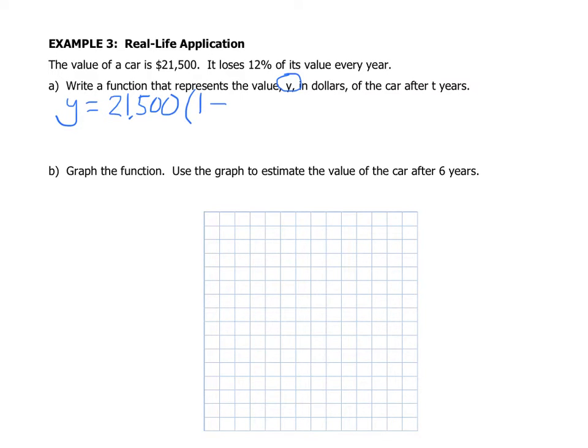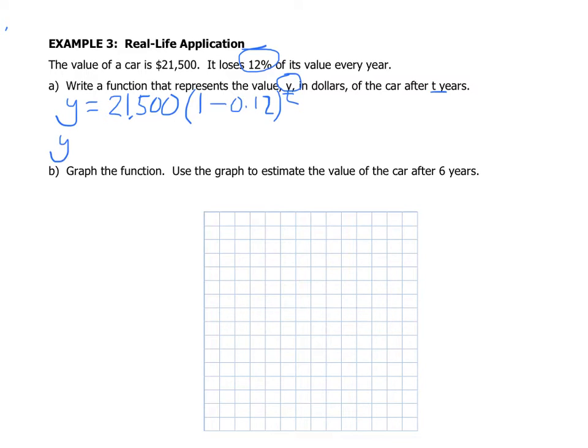Well, we are losing 12%. Remember, 12% always goes in as a decimal, so we have to change it by moving it over 2 places to the left. And we want to leave this t so that you can say to me, well, I want to know what's the value in 3 years, and I can plug it in. Or I want to know the value in 4 years, and I can plug it in. So this right here is the model that we're talking about.